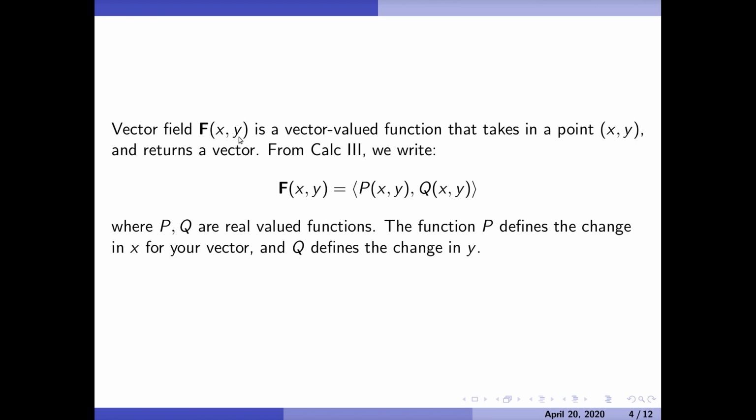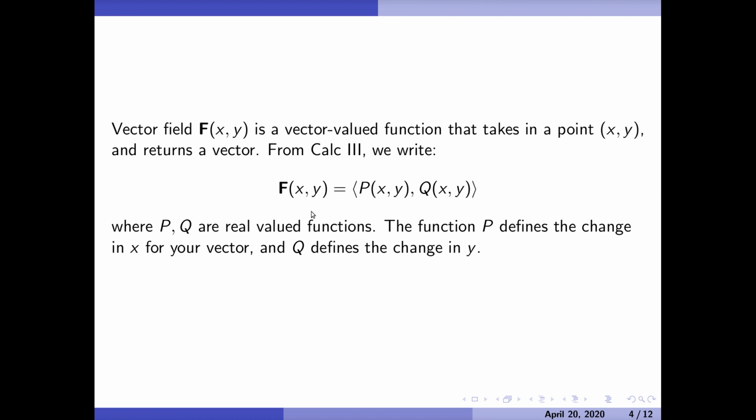Now, something similar is a vector field. So a vector field is a vector valued function, which means that it takes in a point and it outputs a vector. Right, so in Calc 3 we typically would write our vector field as p, where p is a function of x and y for the x coordinate of our vector field, and q is a function of x and y, where p and q are scalar valued functions, or real valued functions.